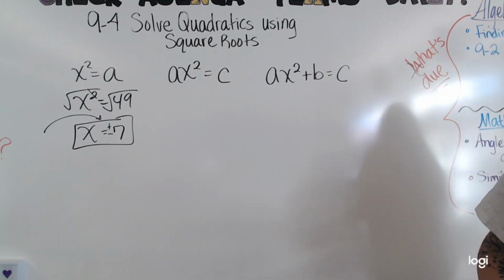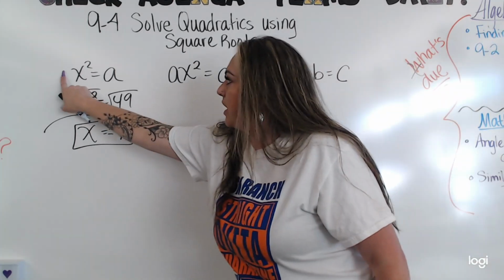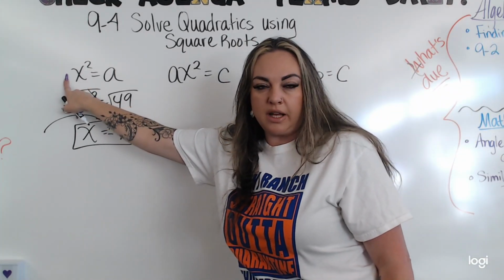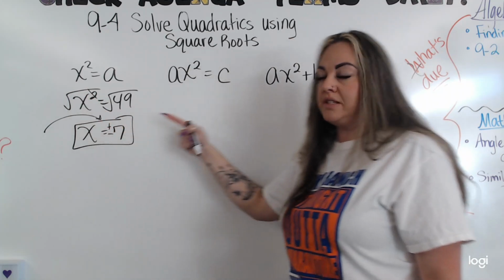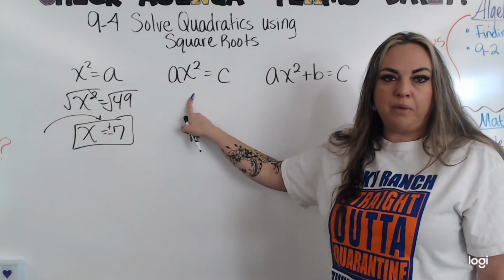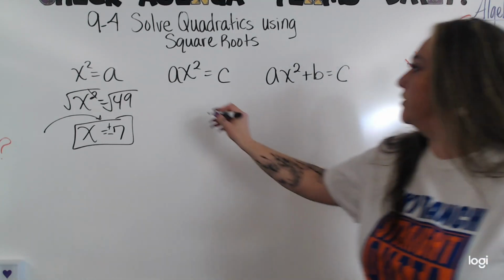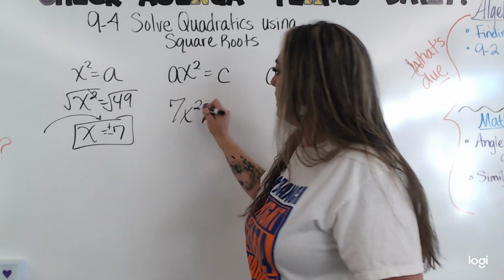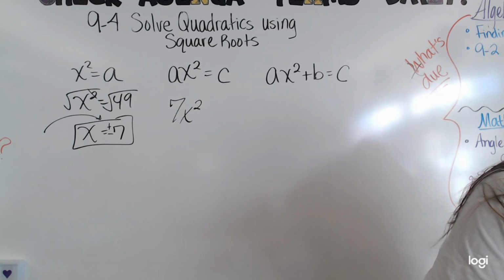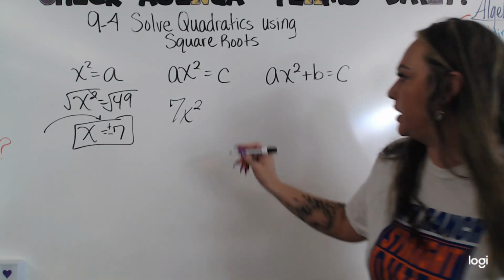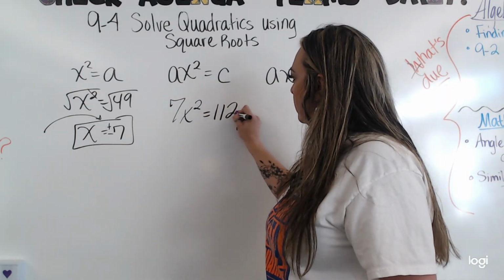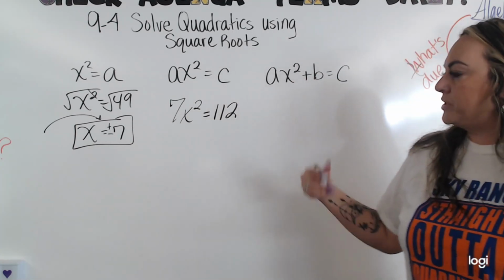What about when our A value in our standard form of the quadratic is not 1? So what if it's something else? We'd have a format like this. Let's say we have 7x squared equals 112. So we would solve this as normal.